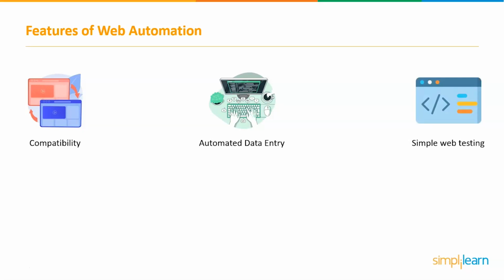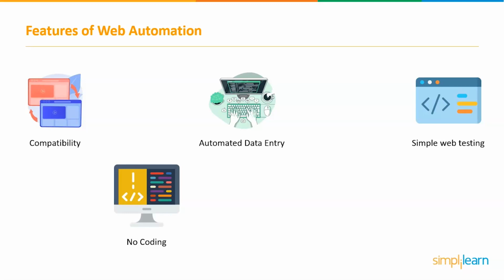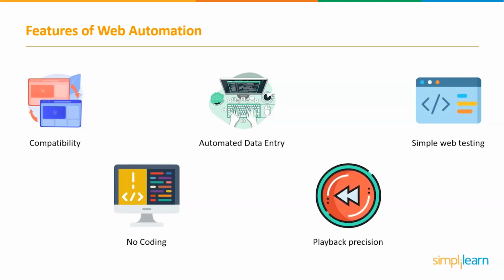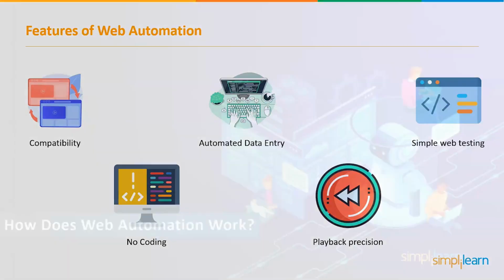Without any programming knowledge, UiPath helps in designing a valid test. No coding is required. We can create automation with a simple to use graphical workflow designer. Playback precision: UiPath provides 100% playback precision. Web automation can be done regardless of the browser version, screen position, or size.